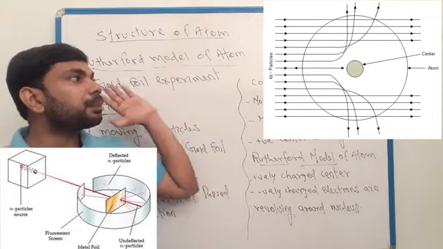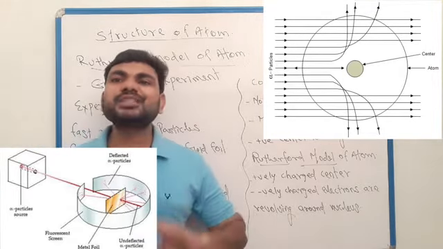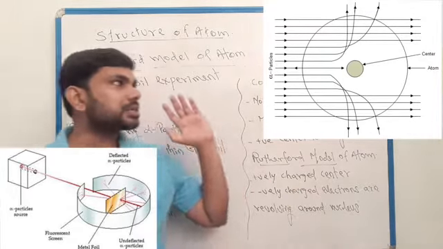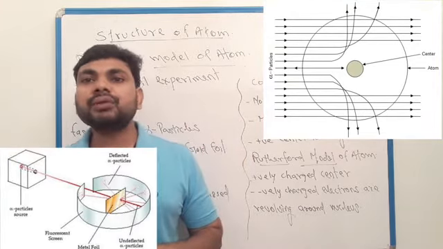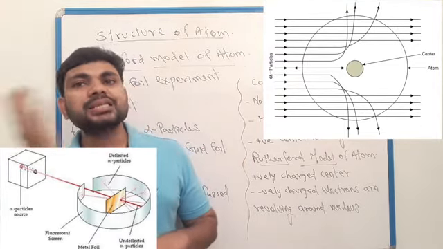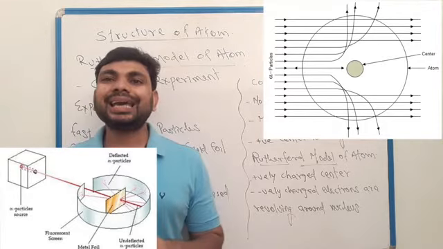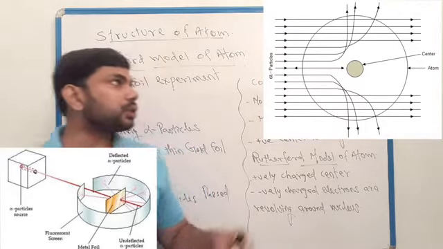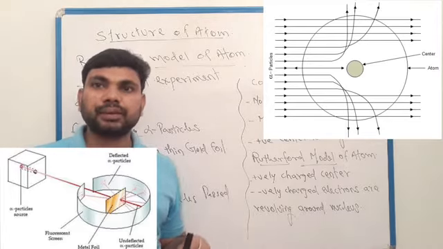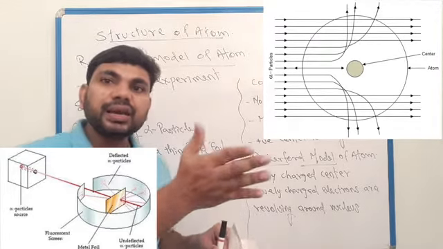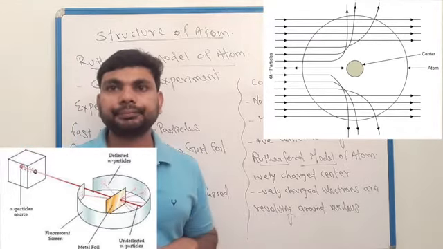When he passed alpha particles through thin gold foil, this was the observation. You can see most of the alpha particles passed through the gold foil without any deviation. Also some alpha particles deviated from their path.